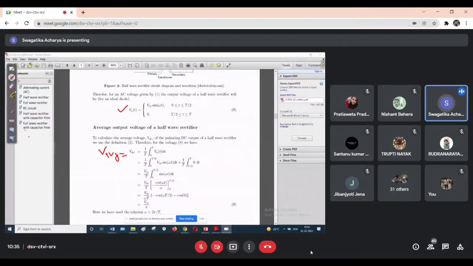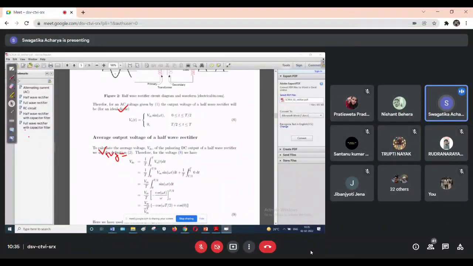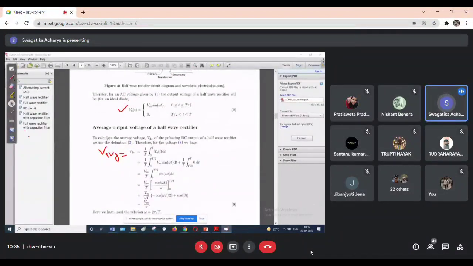Why is it called pulsating DC? You know that thing, right? We have already discussed, because it comes like this, which will act as our straight line. So we can call this pulsating DC, right? I am telling you, for the pulsating DC output of the half wave rectifier, we can use this method.